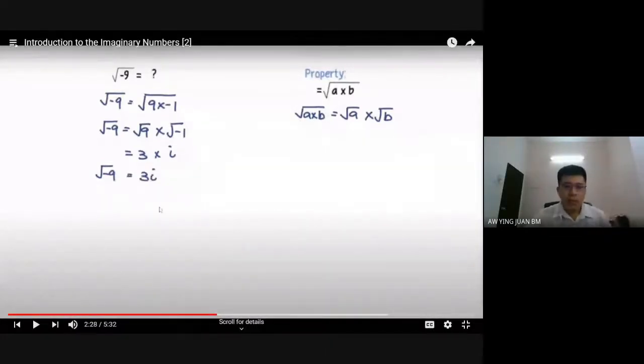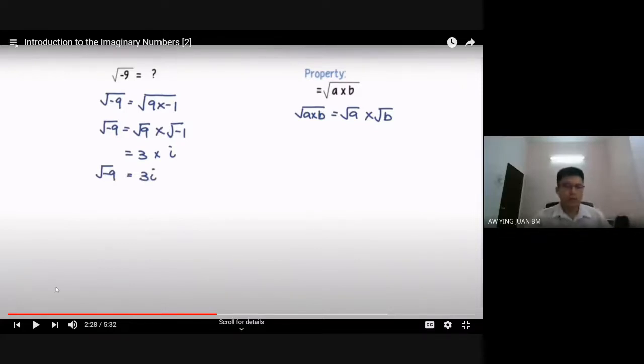Tapi dalam dunia yang sebenar, scientific world, bila you dah berada dalam mode complex number, actually, square root of negative 9, there is a value. Okay? There is a value which is 3i. So, sudah selesai lah video yang pertama. Dia tanya tentang what is the square root of negative 9.